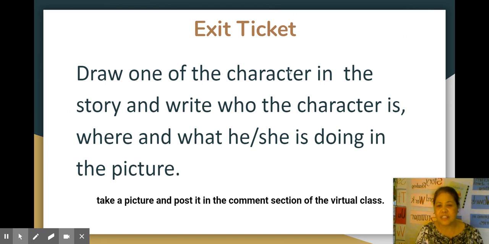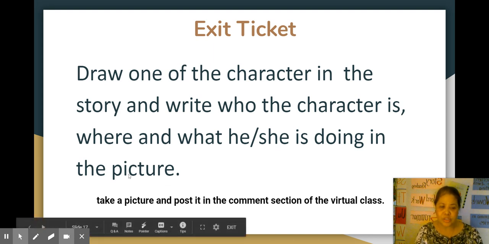Okay, for your exit ticket, you are going to draw one of the characters in the story and write who the character is that you draw, where and what he or she is doing in the picture. Okay, let's read that one more time. Draw one of the characters in the story and write who the character is, where and what he or she is doing in your picture.